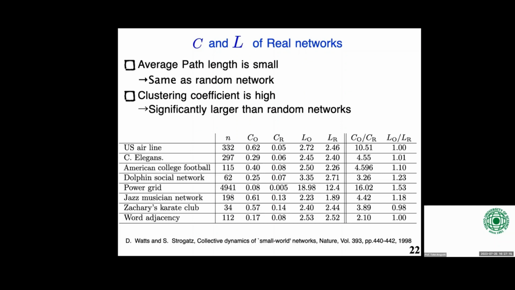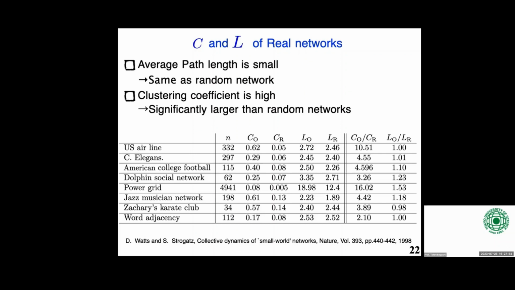From top to bottom: the US airline network, C. elegans, the neural network of an animal called C. elegans, the college football matchup chart, a network of dolphin relationships in an aquarium, the power grid network, the relationships of jazz musicians who performed together on the same stage, the relationships of a character graph, and the adjacency of words in some language. Actually, it was in English.